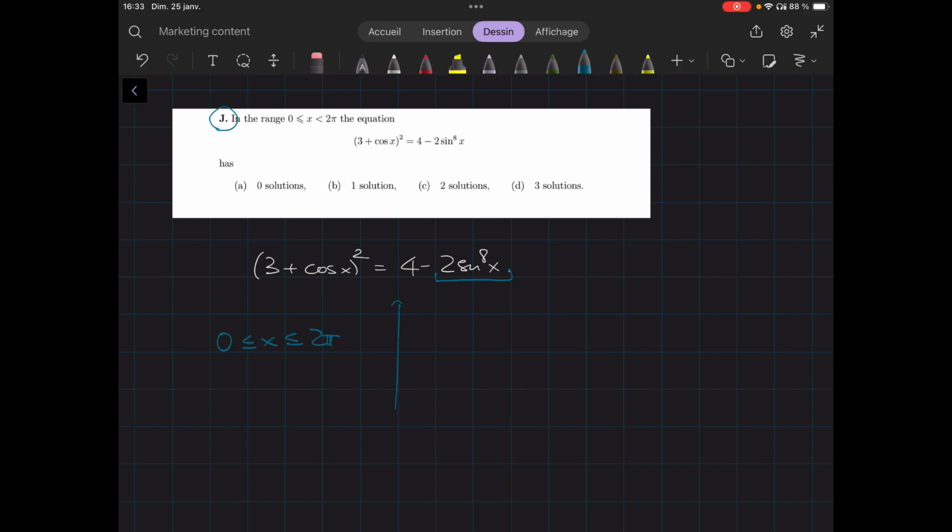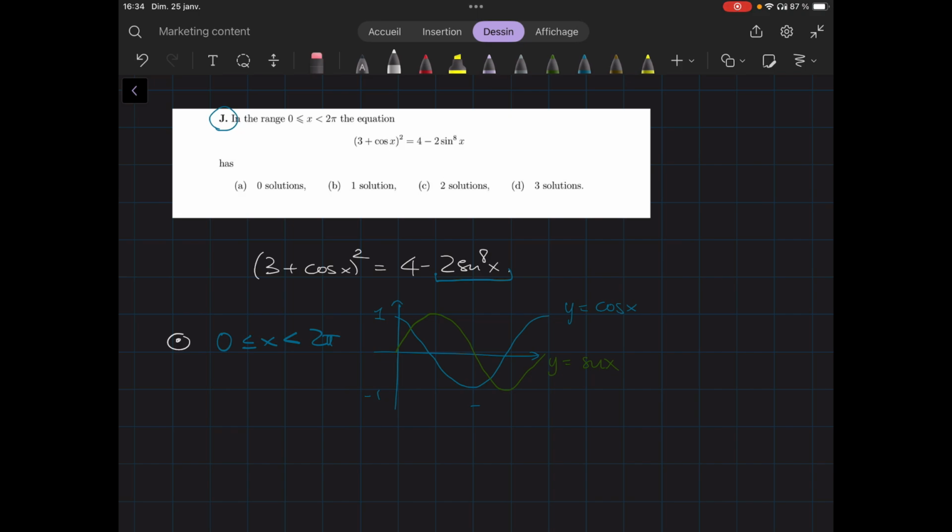So that means the range of the cosine function is between -1 and 1, and the range of the sine function is also -1 to 1. Also, this is a sharp inequality.